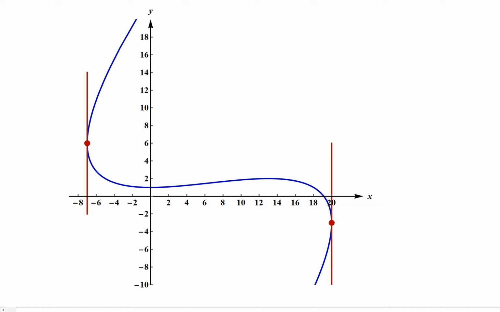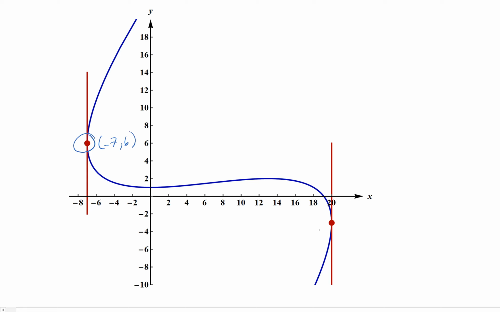Look at the curve. It's the same curve we looked at a moment ago. And as you can see, there are these two locations of t for which the curve has a vertical tangent line. In fact, this point right here is the ordered pair (-7, 6).